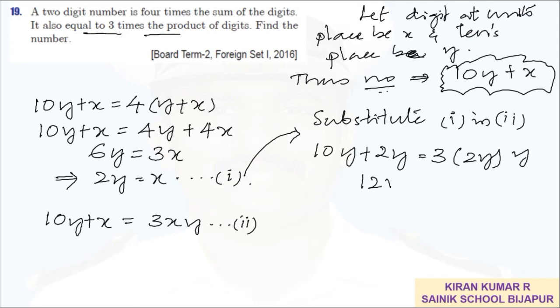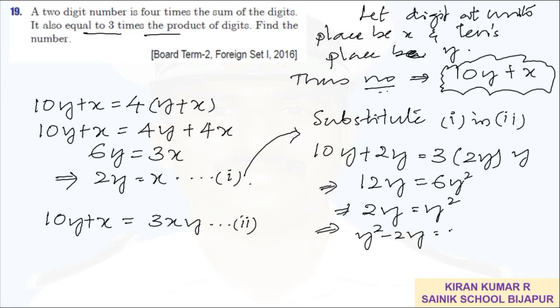Therefore this will become 12y equal to 6y square, or else 2y equal to y square. So the equation can be written as y square minus 2y equal to 0. I can take y as common, y into y minus 2 equal to 0. This implies either y is 0 or y is 2.